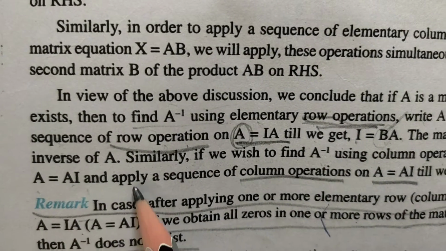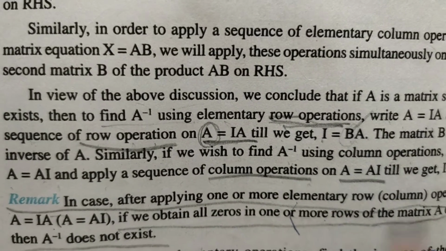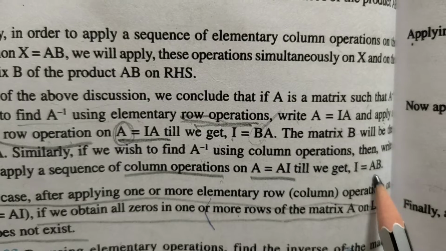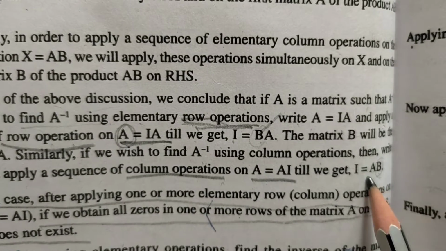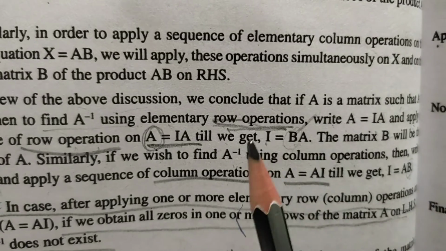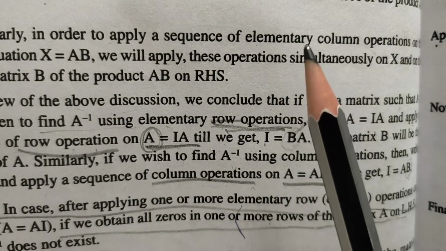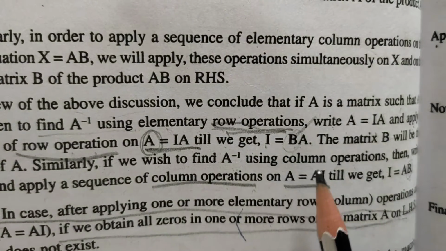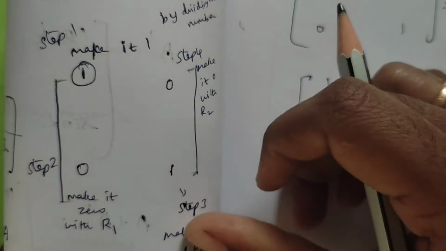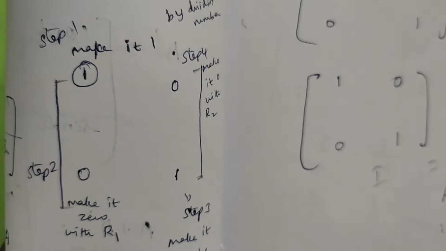The column operation must be applied until we get I is equal to AB, and that B is called the inverse of the matrix A. Once we start row operation, only row operations should continue; in the middle we should not apply column operation.